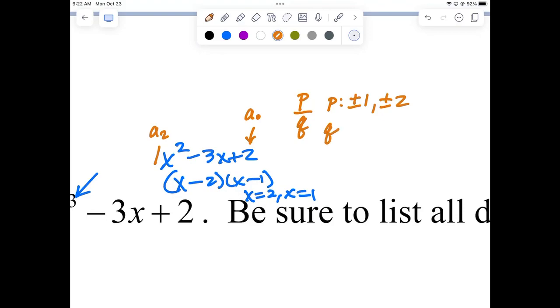What are the factors of Q, the leading coefficient? Plus or minus 1. So if I look at all the combinations of P over Q, the combinations are plus or minus 1 over 1 and plus or minus 2 over 1, which means they're going to be plus or minus 1 or plus or minus 2.